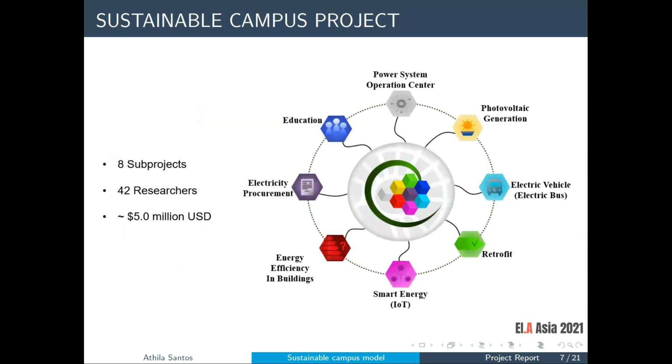So for the project description, for the campus, we have 8 applications here, or sub-projects. They are divided in these 8 modules. Of course, we are investing a lot on local generation, so distributed generation.